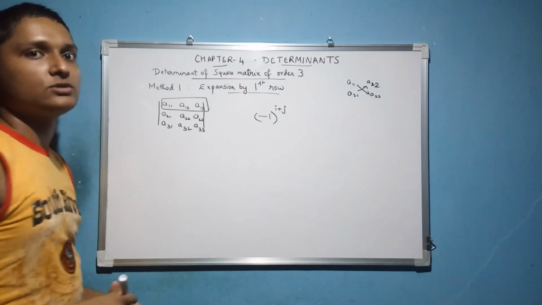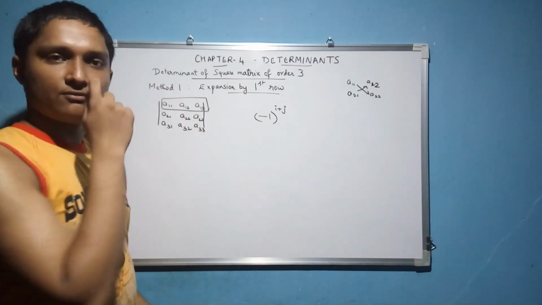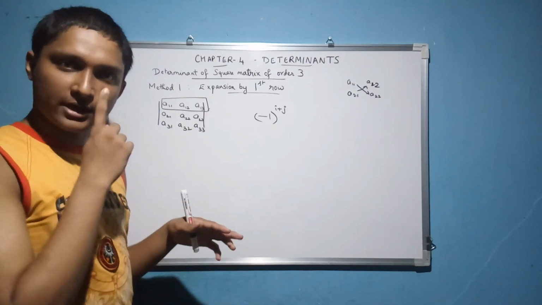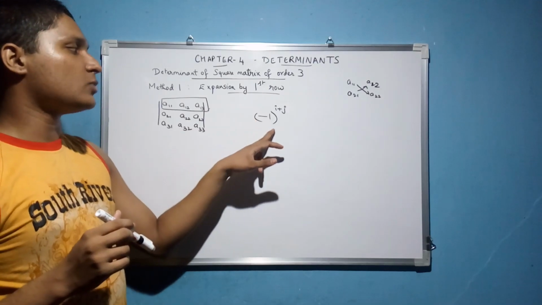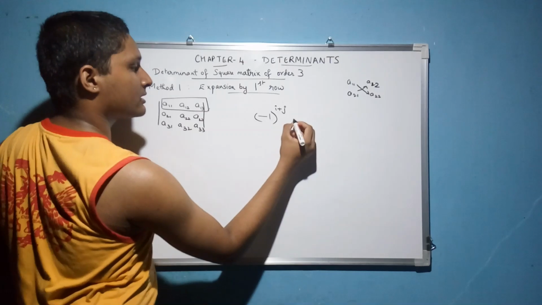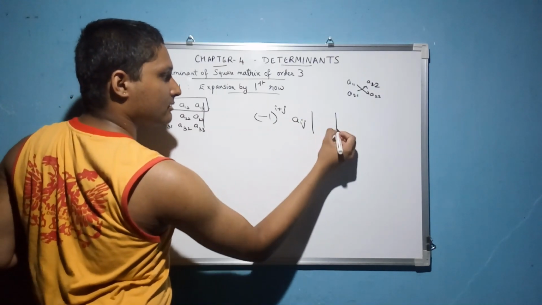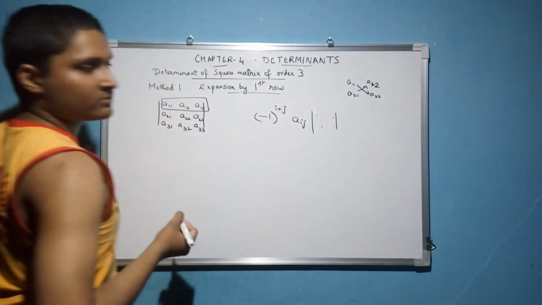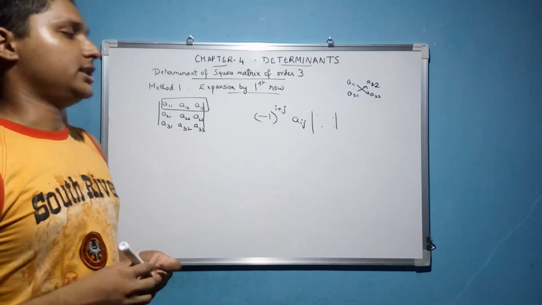I refers to which row it is belonging to. j refers to which column it is belonging to. So it is going to be minus 1 whole raised to i plus j into a ij and the determinant corresponding to that, which we'll learn now.